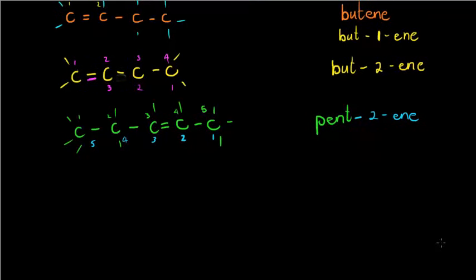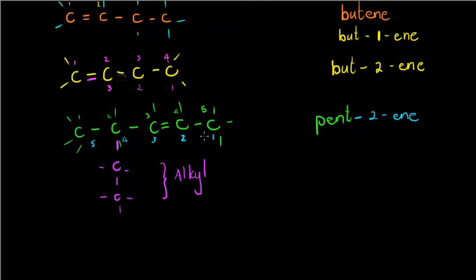So what will happen if we were to add a branch to this main chain? So let's say here we had another branch. We had a normal 2 carbon branch. This, remember, is called an alkyl. Alkyl is an alkane substituent, a branch that looks like an alkane, single bonds.